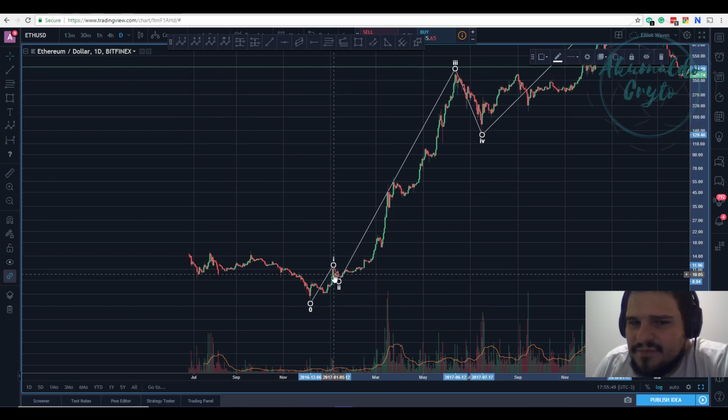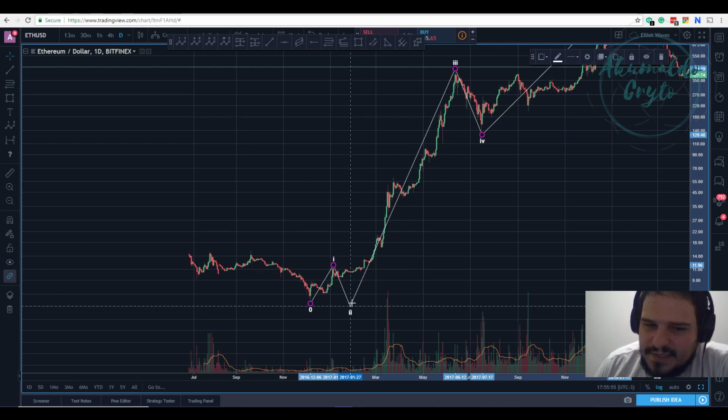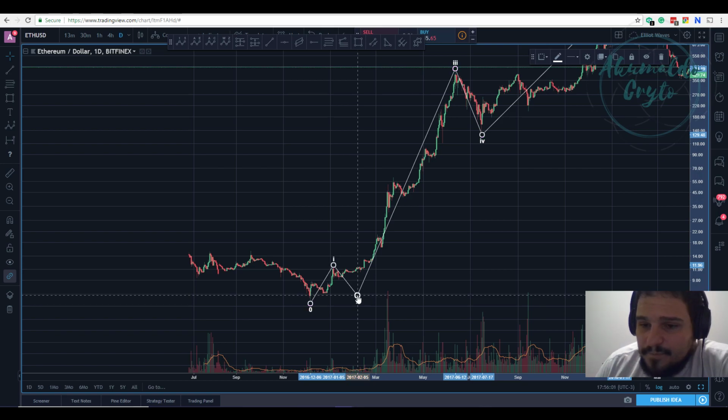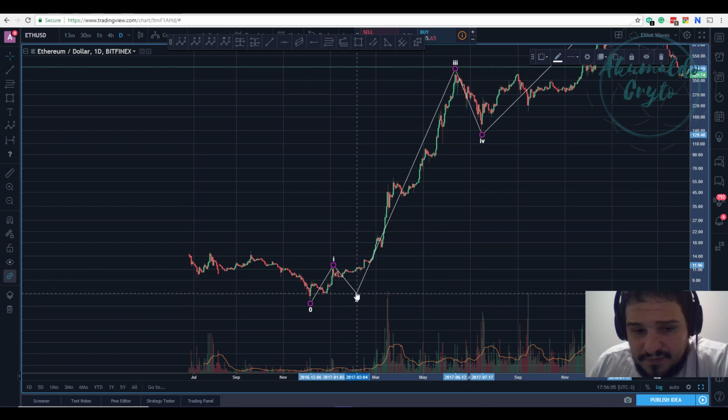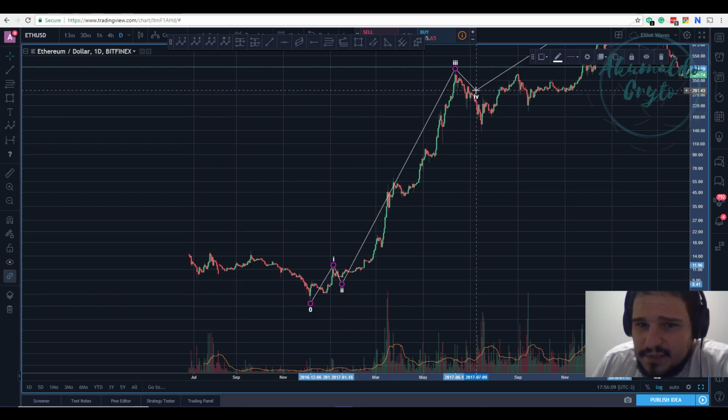And we have this relationship between wave 2 and wave 4. When wave 2 is really deep, like this, and takes a good amount of time, what we usually see is that wave 4 is shorter in time and not so deep, okay?